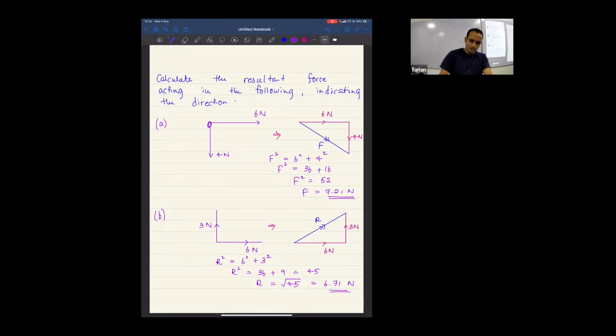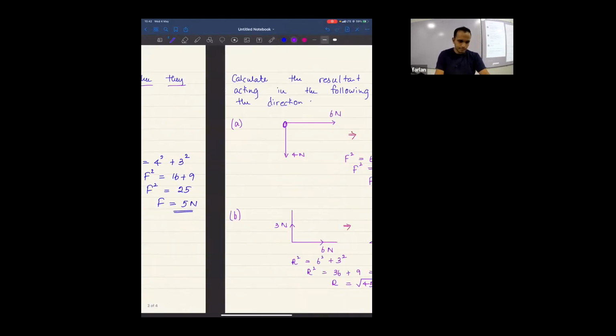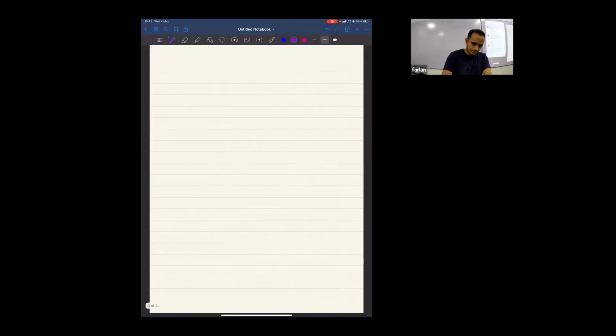Okay, guys, now write down the next subtopic: resultant of two vectors when they are not perpendicular.